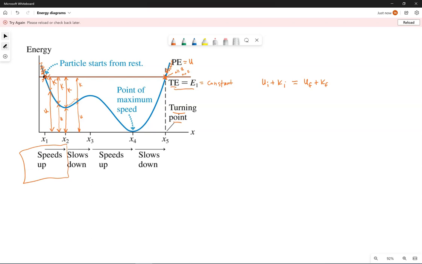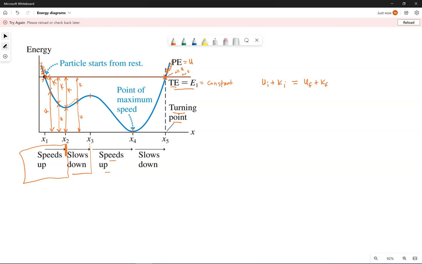This particle is going to speed up, but as soon as it reaches that bottom dip, it's going to start to slow down. That is true until it reaches this peak, because now the potential energy is going to decrease again, meaning the particle will speed up.